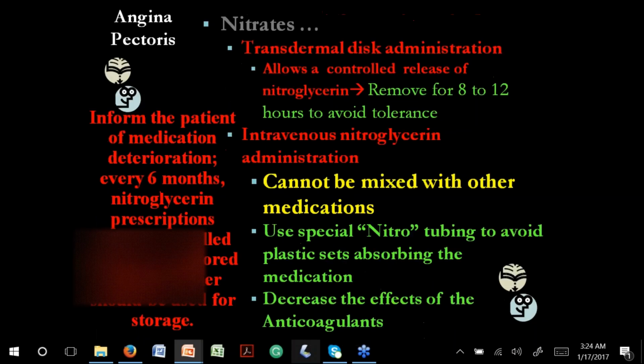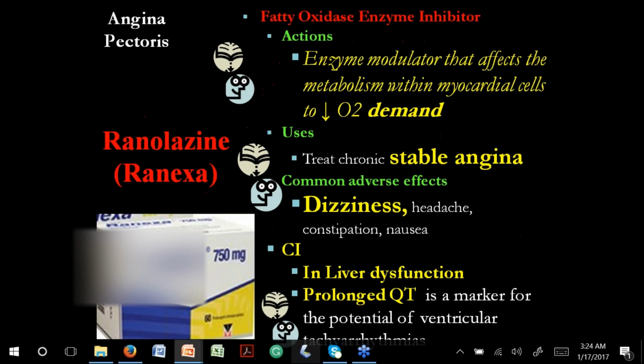All right, so we are talking about angina, correct? And the next one we talk about is the fatty oxidase enzyme inhibitor. And that is a name that we must remember: ranolazine, Ranexa. What is Ranexa doing? With Ranexa, the cells of the myocardium are going to be prevented from using fats for energy.